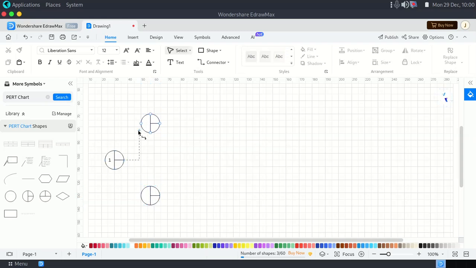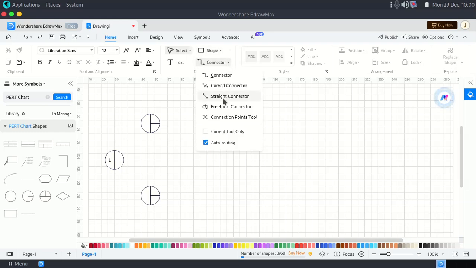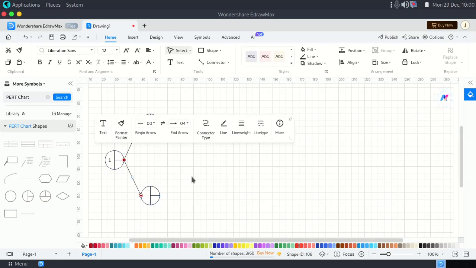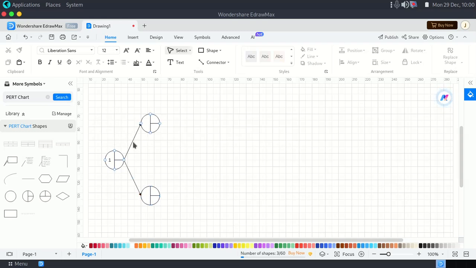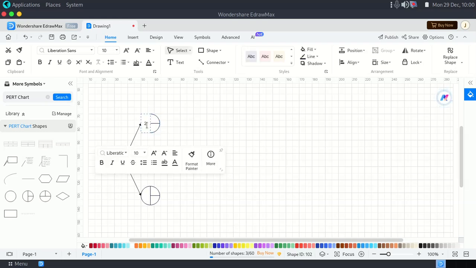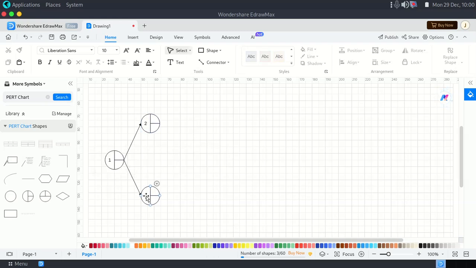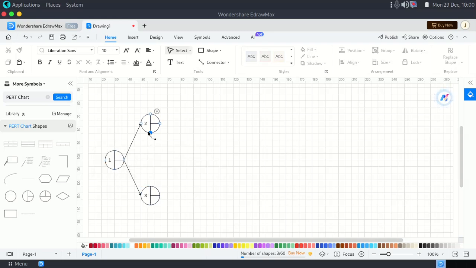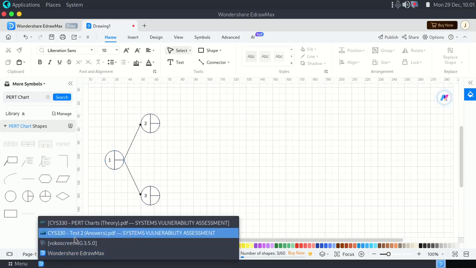Let me use the normal connector. This is our node 2 and this is our node 3. Instead of representing them on the lines like letters, we use the normal way of representing nodes with numbers. So nodes 2 and 3 are coming from node 1. That's the first statement.